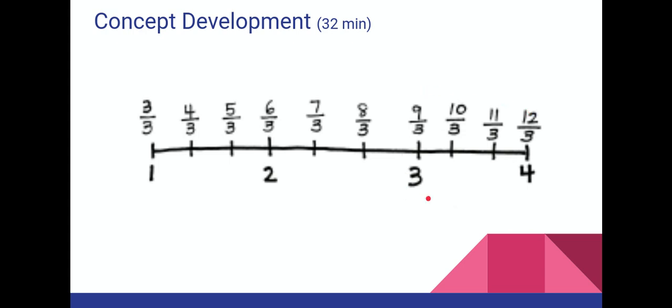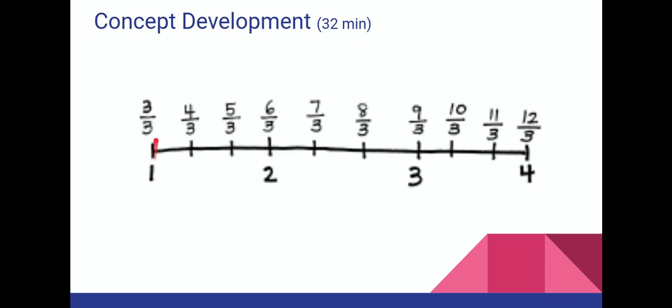Okay, now if you look at your whole numbers, you can see that if I took my fraction 3/3 or 6/3 or 9/3 or 12/3, you could look at this two different ways. 3 divided by 3 equals 1. 6 divided by 3 equals 2. 9 divided by 3 equals 3. 12 divided by 3 equals 4.